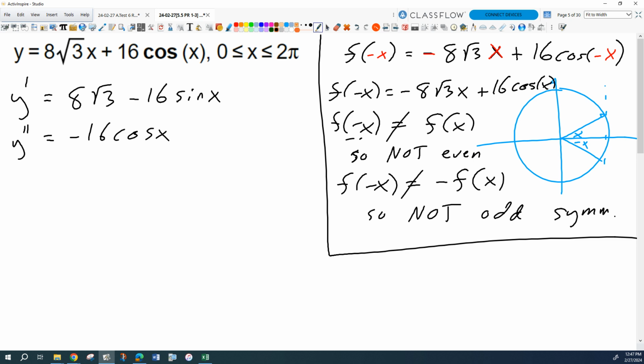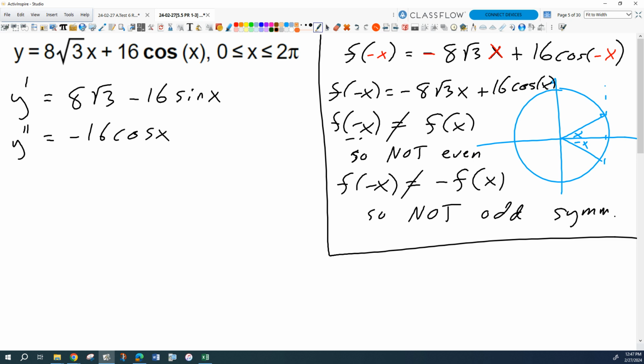Is the first derivative undefined anywhere? No reason to be, right? That makes sense? Y prime is nowhere undefined because there's no danger zone, right? The only x appears inside a sine function and sine is well behaved. It's never undefined. So we're good, right?